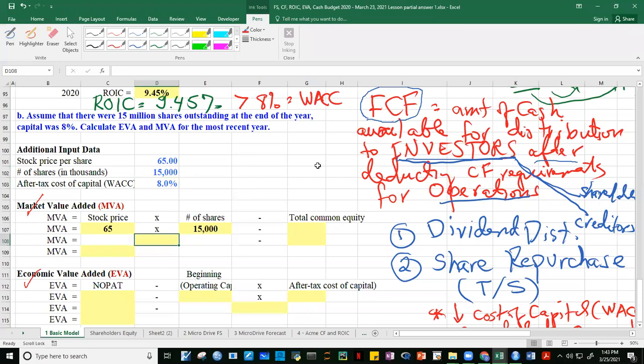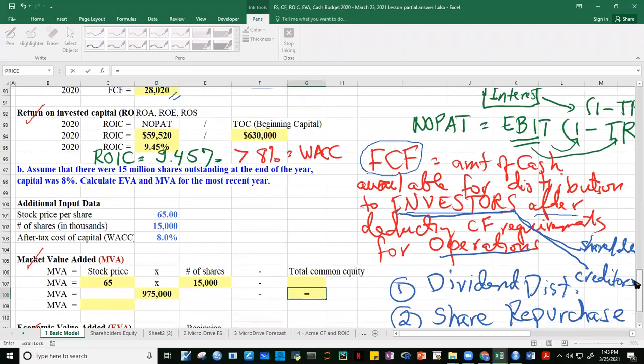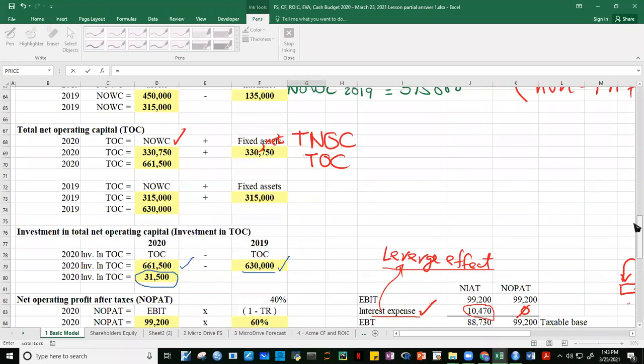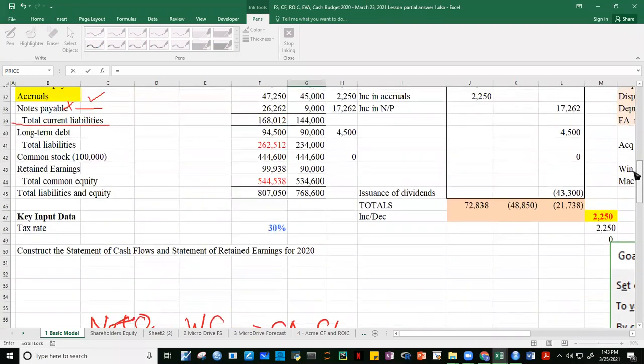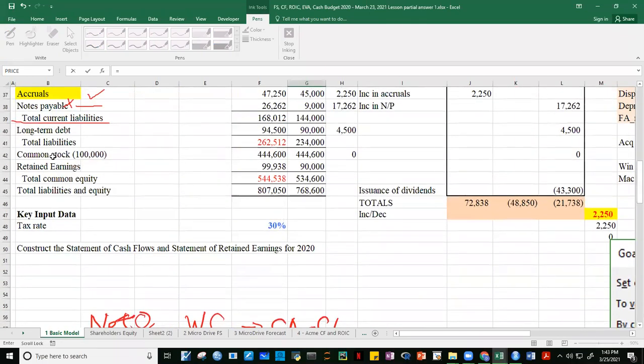Therefore, our market value is equal to the price per share multiplied by the number of shares. So this is our market value. The question is, how much is our equity in the books? How much is the value of our equity in the books? So we look at the balance sheet. In the balance sheet, our common equity is this amount.